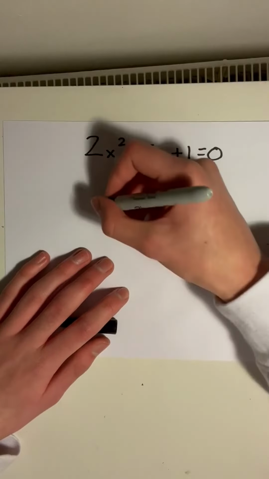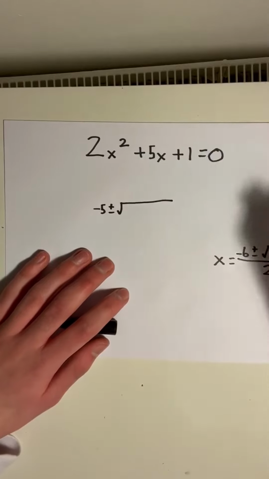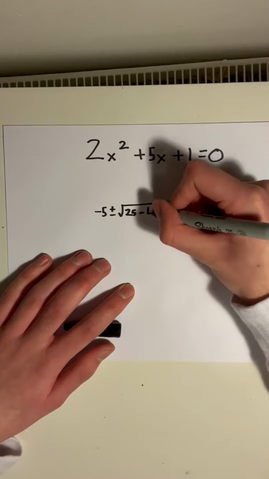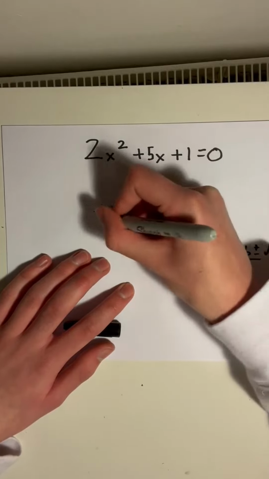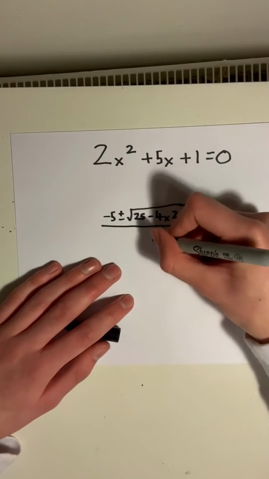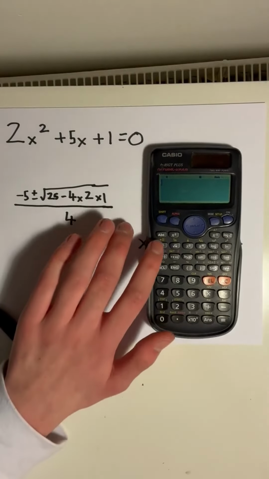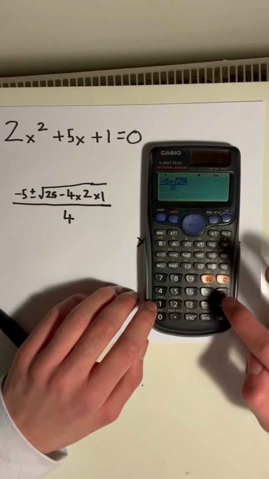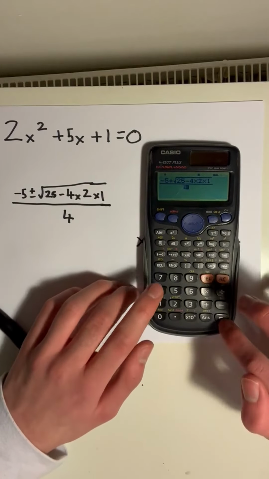So minus b would be minus 5 plus or minus the square root of 5 squared, which would be 25, minus 4 times 2 times 1, all over 2a, which would be 4. So once again, let's plug these numbers into our calculator. So minus 5 plus, we'll do minus the next time, 25 minus 4 times 2 times 1, all over 4.